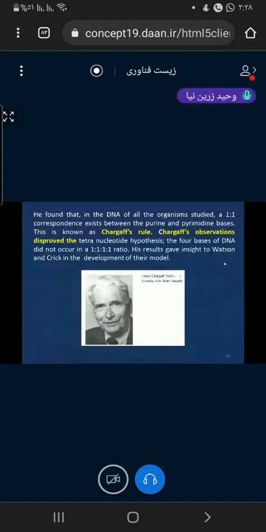This is known as Chargaff's rule. Chargaff's observation disproved the tetranucleotide hypothesis: the composition of DNA did not occur in a 1:1 ratio of all four bases. His results gave insight to Watson and Crick in the development of their model. Please write everything on your paper.